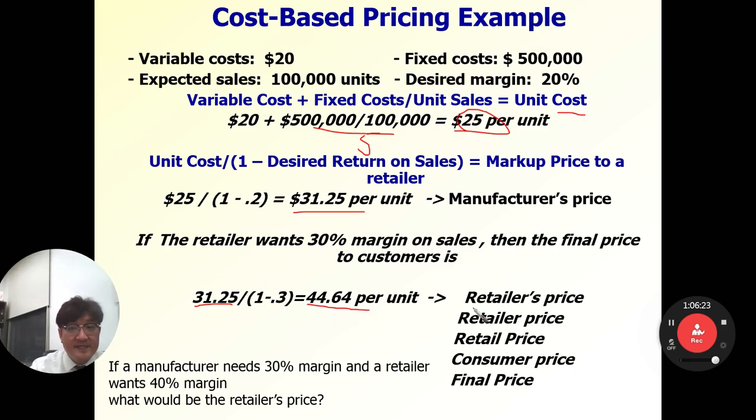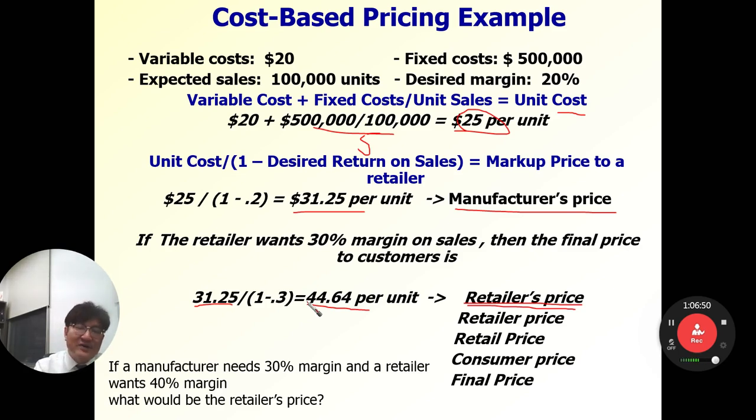This is what we call the retailer's price. Manufacturer's price, and this is retailer's price. The retailer's price is the price the retailer charges the customers. In other words, the customer needs to pay this amount to buy the product from the retailers.